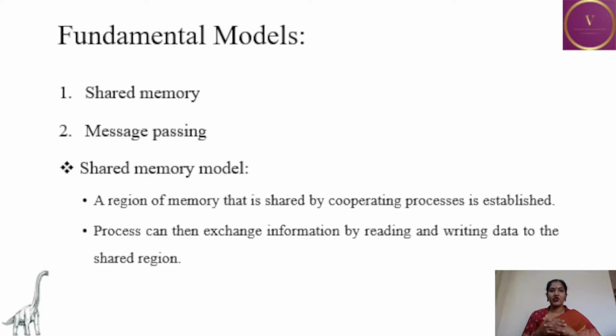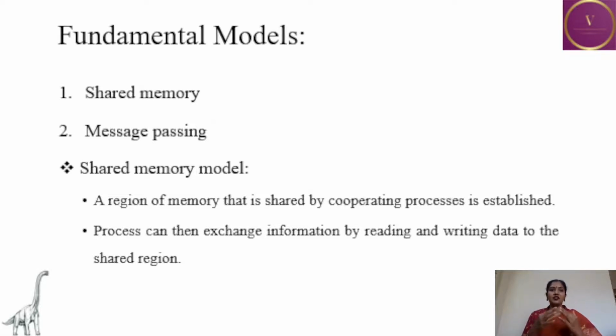The first one is the shared memory model. A region of memory that is shared by cooperating processes is established. So when process P1 wants to share information with process P2, it will establish a shared memory region out of its own memory region, and it will write information into the shared memory region, so that process P2 can read from the shared memory region.